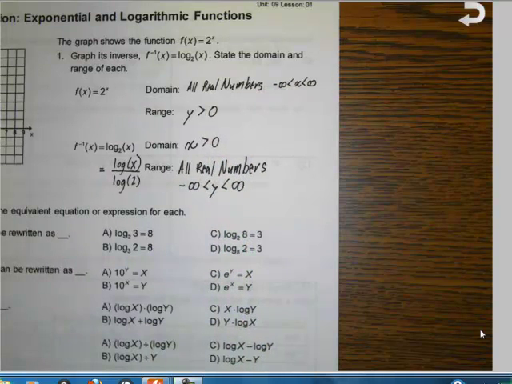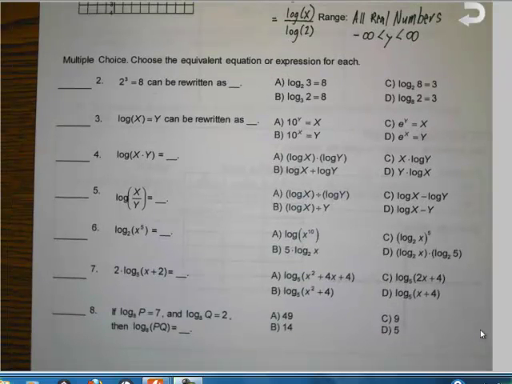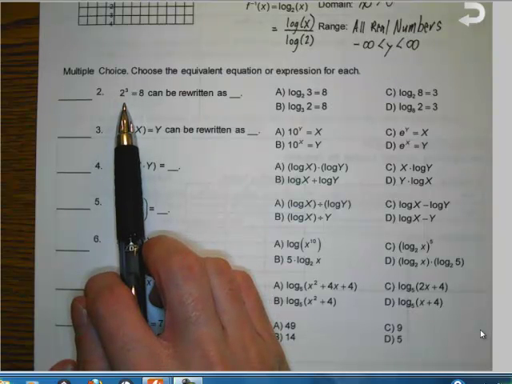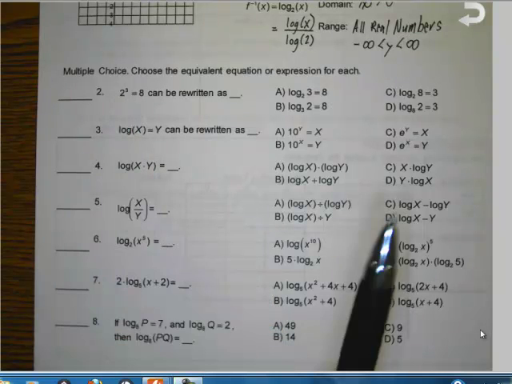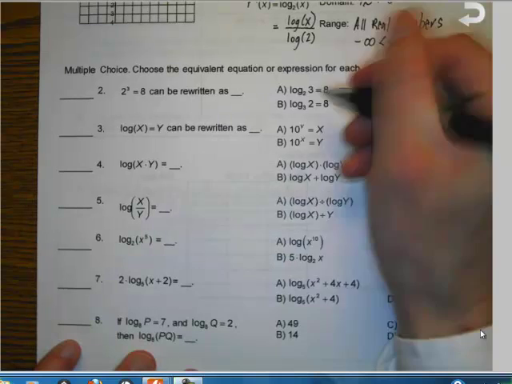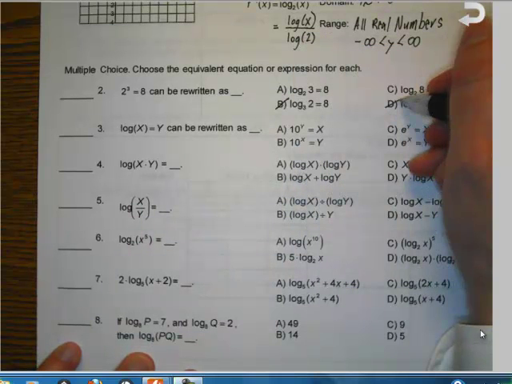Now, the next 8 exercises are actually just, do you remember your log rules? Now, what's the base? 2. The base in the exponential form is large, right? What was large becomes small. So what choices can we eliminate because they have the wrong base on the log? B and D, they have the wrong base, right?